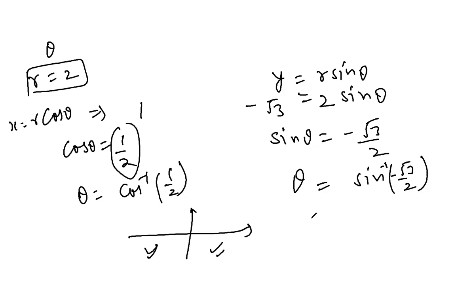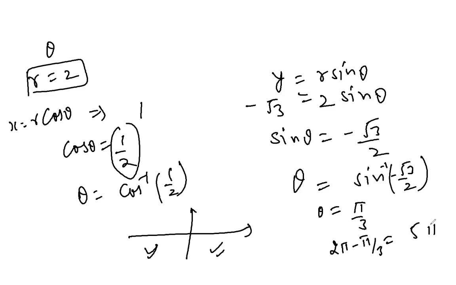So you can calculate theta here: 1 by 2 for cos will give you 60 degrees, which is simply pi by 3, but in the fourth quadrant it will be 2 pi minus pi by 3.